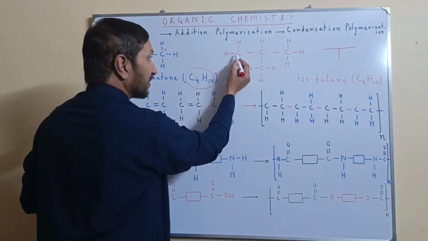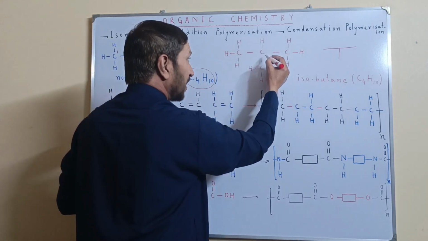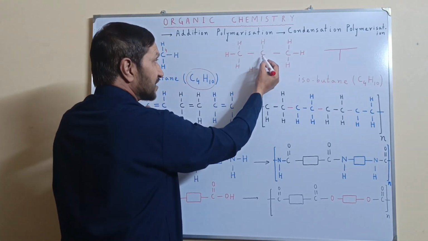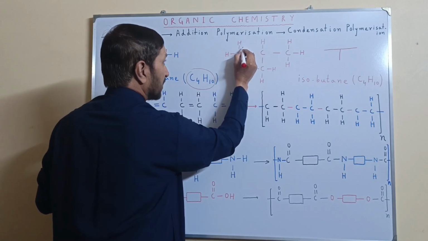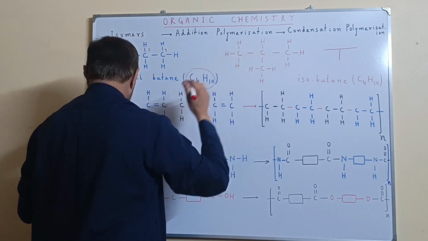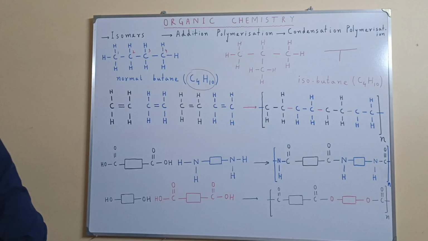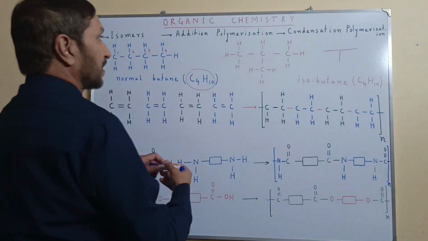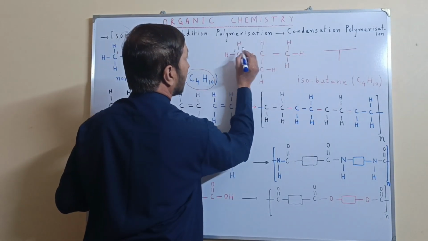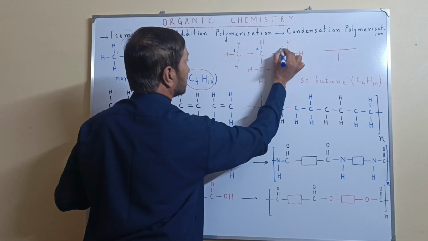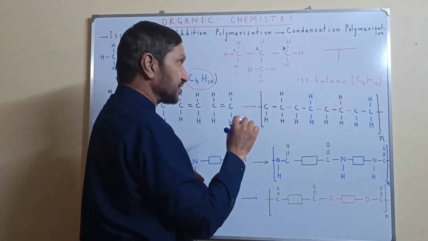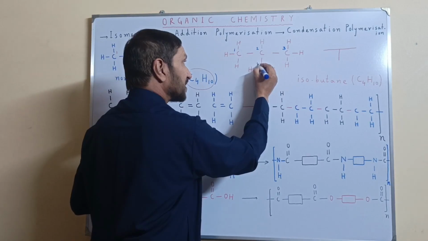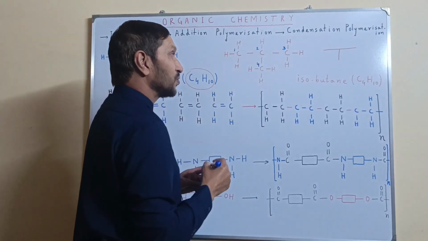Here 3 carbon are attached in a straight chain and the 4th carbon is attached on carbon number 2. I will use a different marker. 1, 2, 3. So 3 carbon are there in the straight chain and the 4th carbon is present in the middle with carbon number 2.